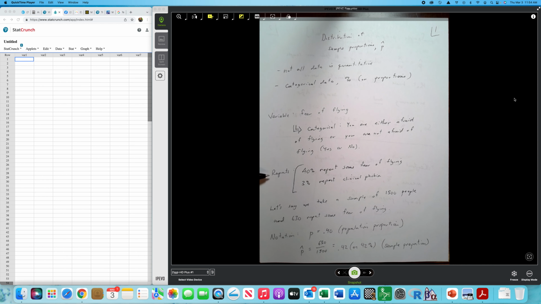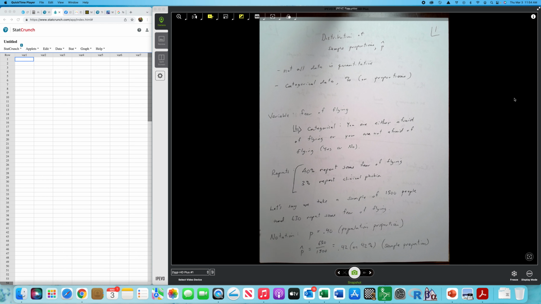One report that I ran into recently was that 40% report some fear of flying, and actually 3% report their fear of flying to be at a level that would classify as clinical phobia. Now, again, these statements are for the population. This is explaining everyone, all people, how many people report a fear of flying.